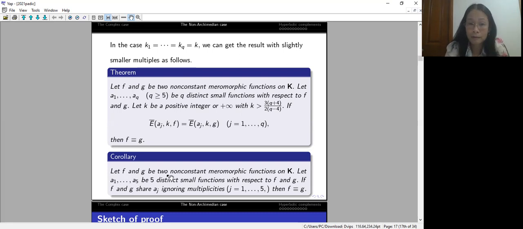And as a corollary, if the a_i are distinct small functions, and f and g share a_i, ignoring multiplicity, then f has to be equal to g.